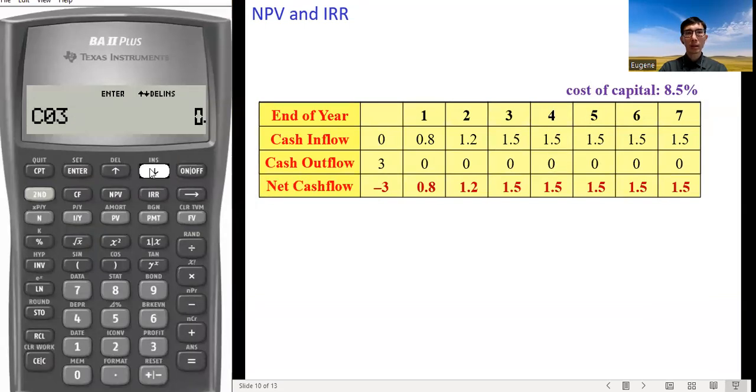The next amount 1.5 for year 3 up to year 7. That is a frequency of 5. So we enter 5 for the variable F03. And then we can quit the worksheet.